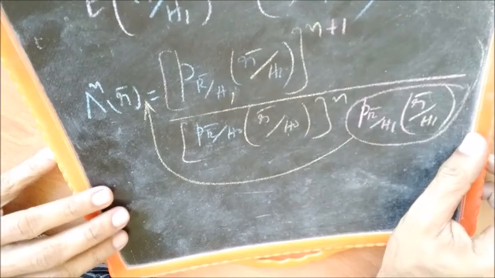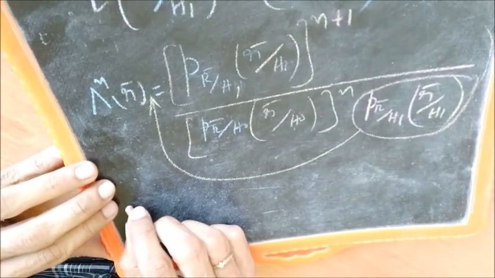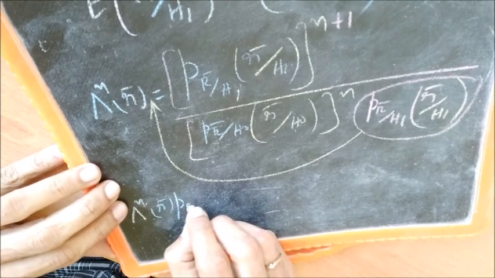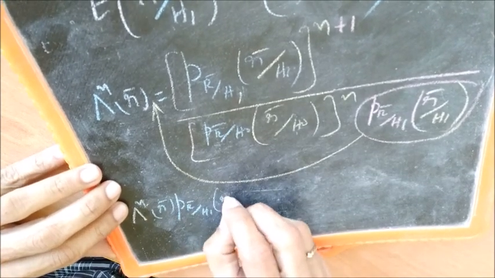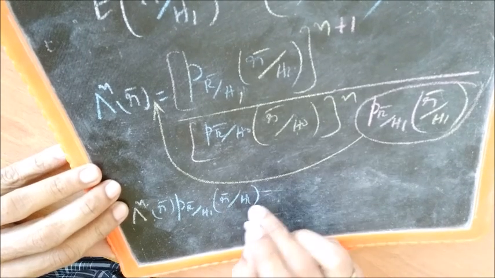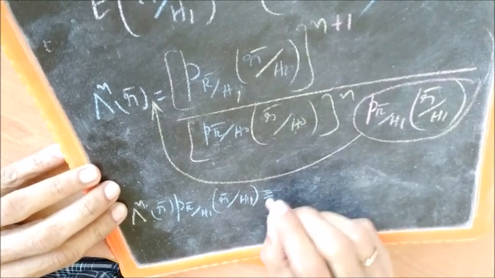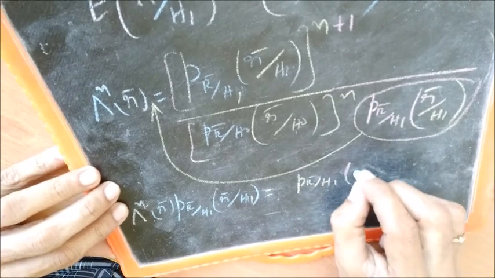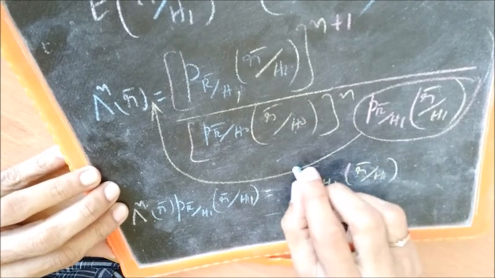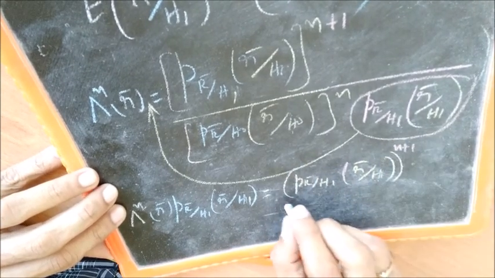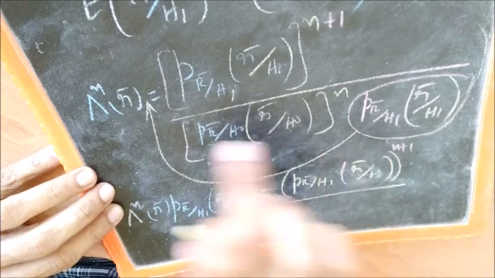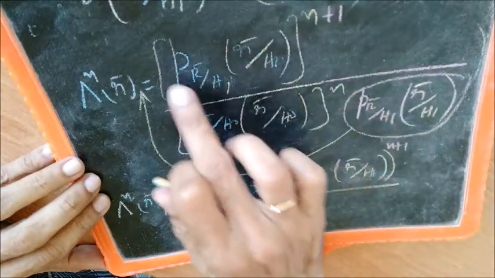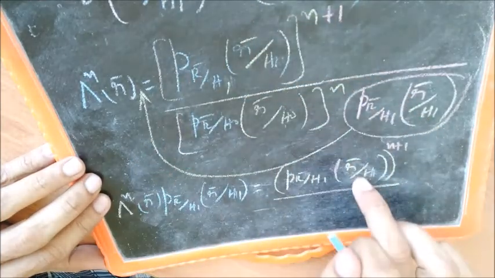So this now becomes, once you bring it over here, now I have brought it here and I have written it down here, and I have this n raised to the power n plus 1 as it is here.